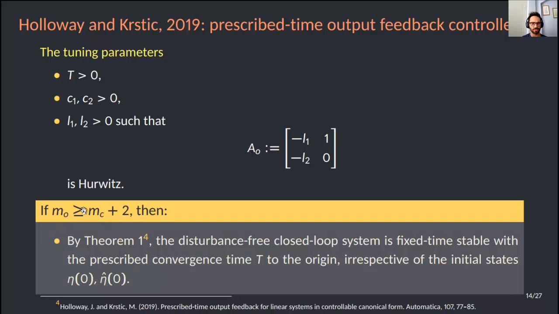If this condition is satisfied, then by theorem 1, the disturbance-free closed-loop system is fixed time stable with the prescribed convergence time capital T to the origin, irrespective of the initial states.